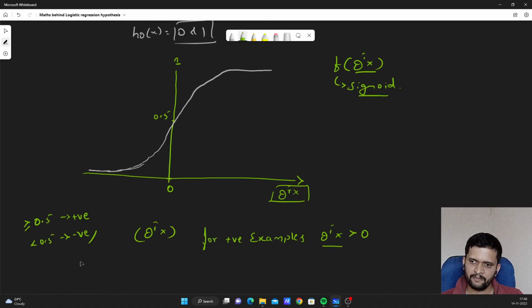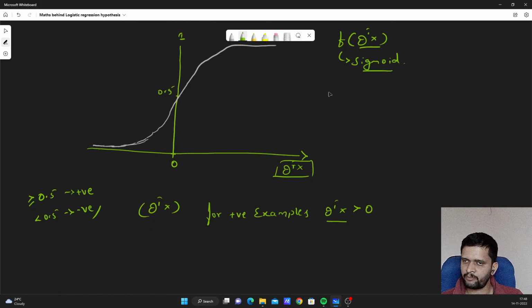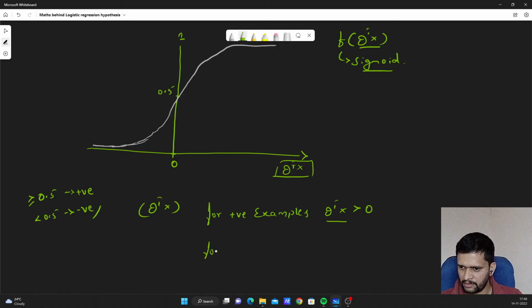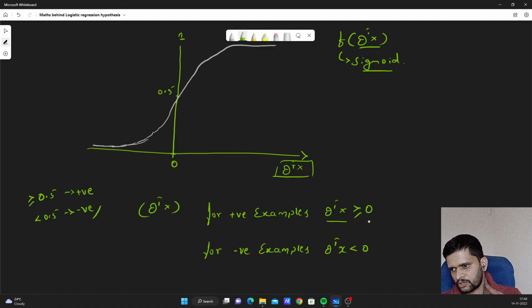Similarly, if the predicted hypothesis value is less than 0.5, we are predicting it as negative class. So for negative examples, we want theta transpose x to be less than 0. It is greater than or equal to 0 for positives because if the predicted hypothesis value is greater than or equal to 0.5, we classify that as belonging to class positive, class 1.